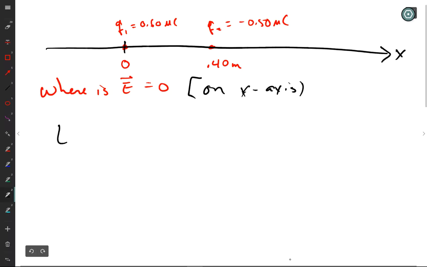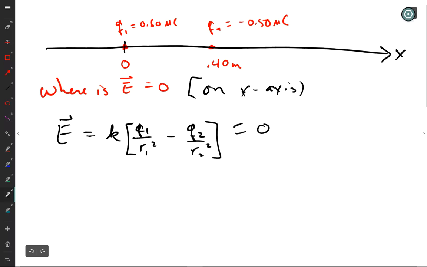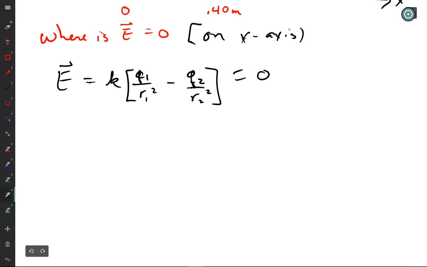So we're just going to say the electric field, just as we just did, is K times Q1 over R1 squared minus Q2 over R2 squared. Set that equal to 0, which gives me Q1 over R1 squared equals Q2 over R2 squared.